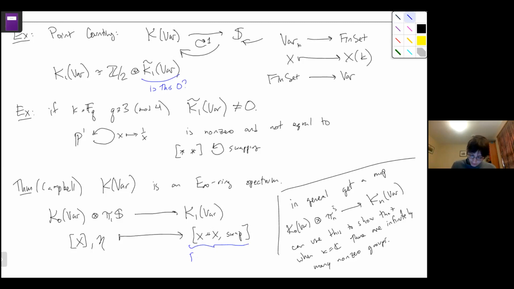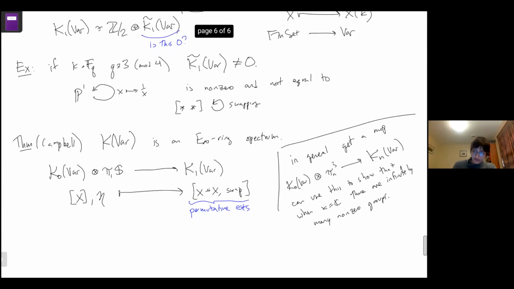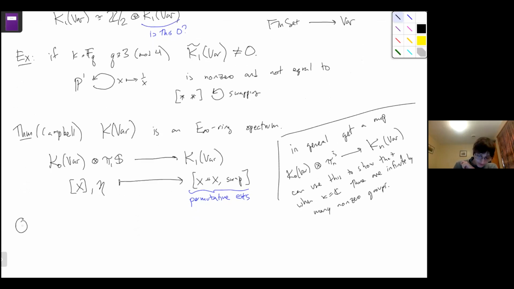So these are called permutative elements. So you have the permutative elements inside K1 of varieties. And the question that I want to talk about is, do non-permutative elements exist?